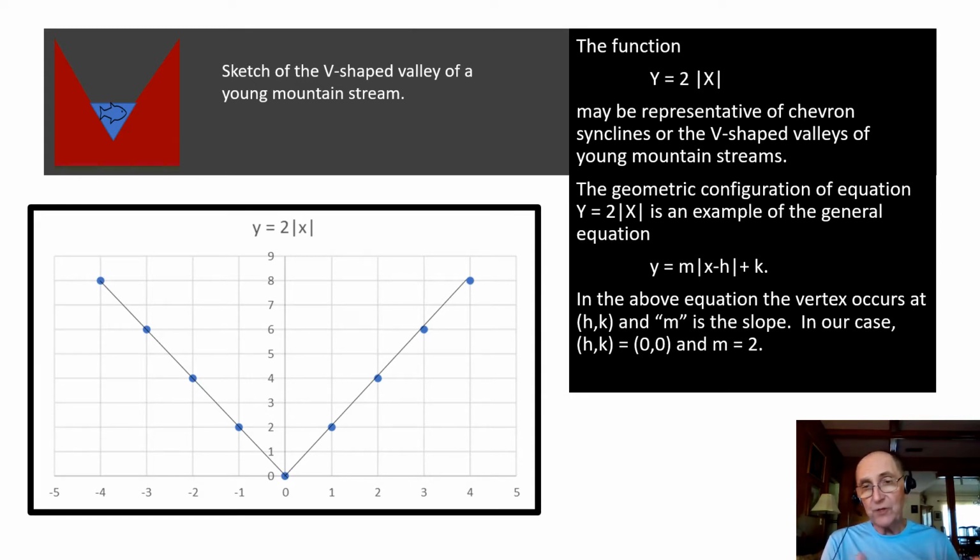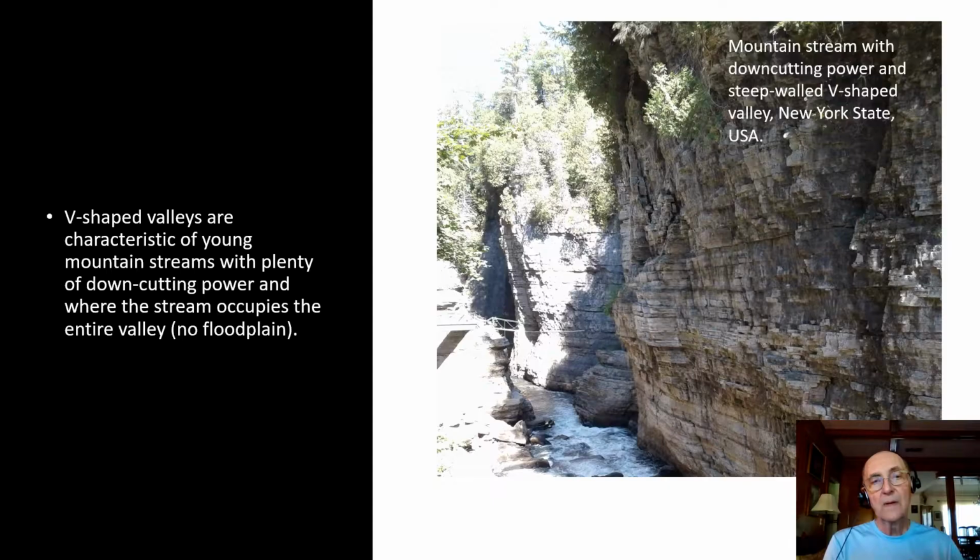In the above equation, the vertex occurs at the origin of the diagram, and the slope is 2, which means that the ratio of the vertical drop to a given horizontal distance is 2 to 1. If you recall, V-shaped valleys are characteristic of young mountain streams with plenty of downcutting power and where the stream occupies the entire valley. In other words, no floodplain.